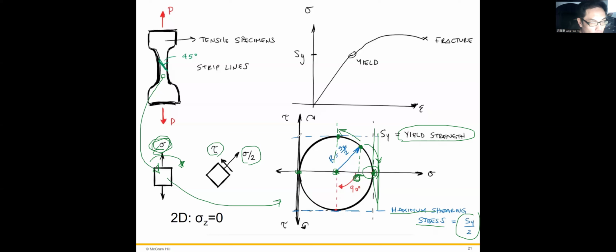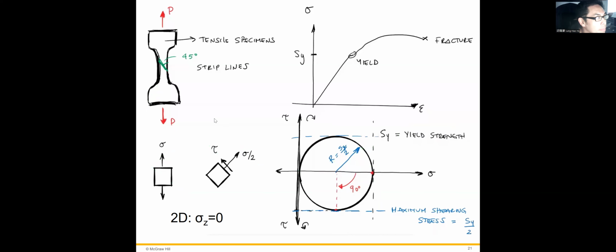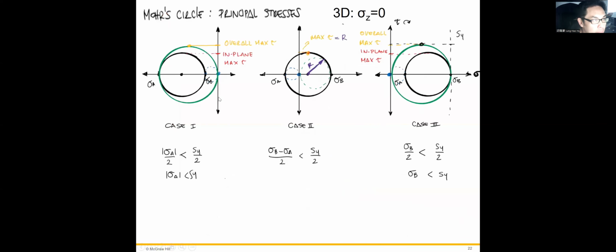Based on the maximum shear stress, let's look into the Mohr circle in the 3D state.